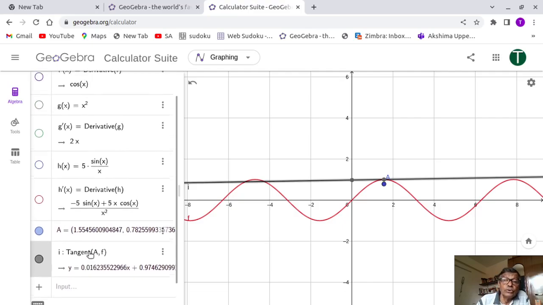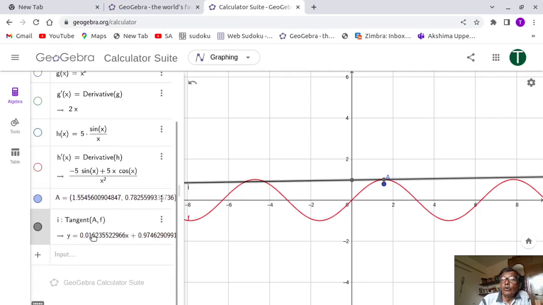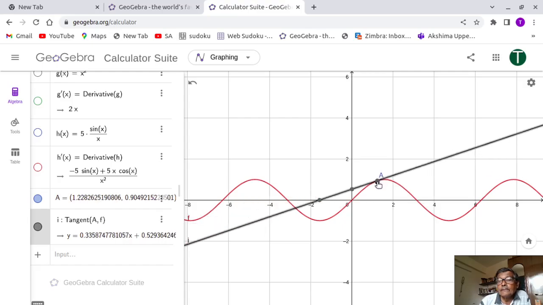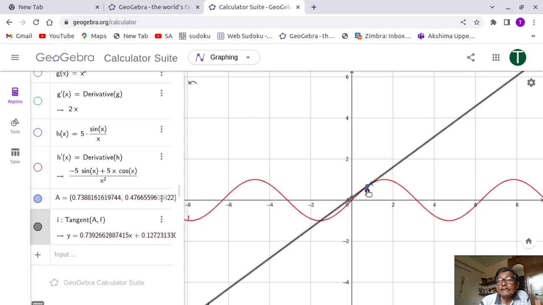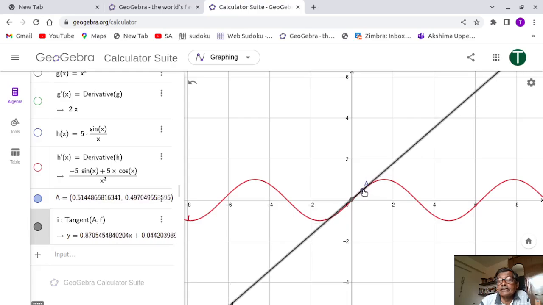Now if you want to know the exact value of the slope at that point, suppose I bring the point A here, the positive slope, and tan theta of this line here, that will be the slope at that point.